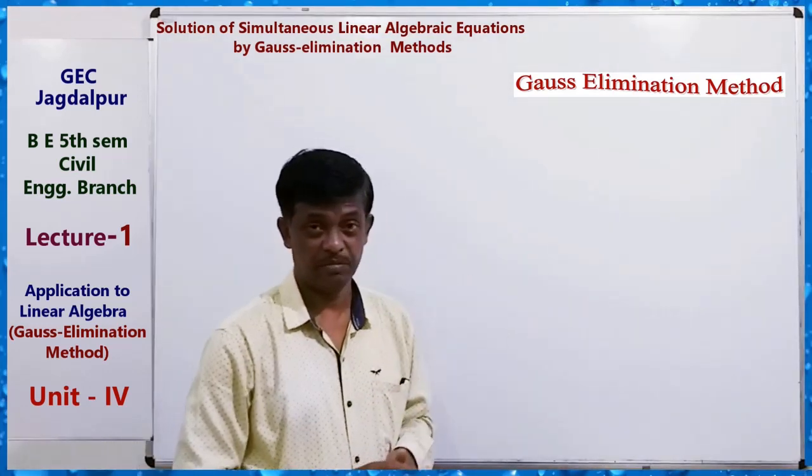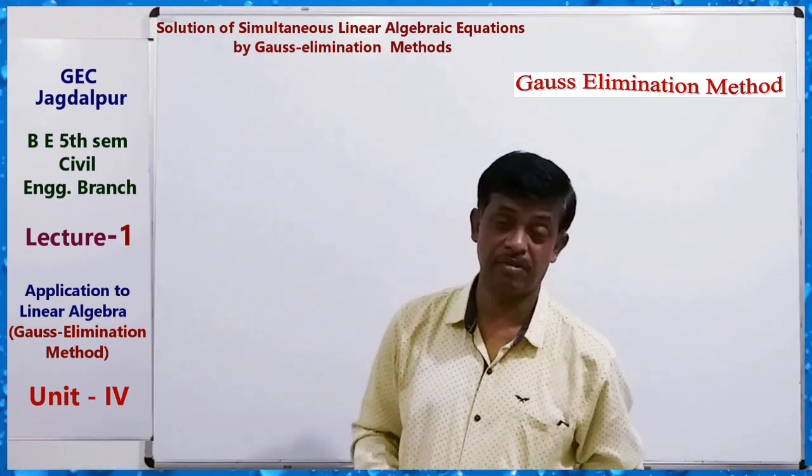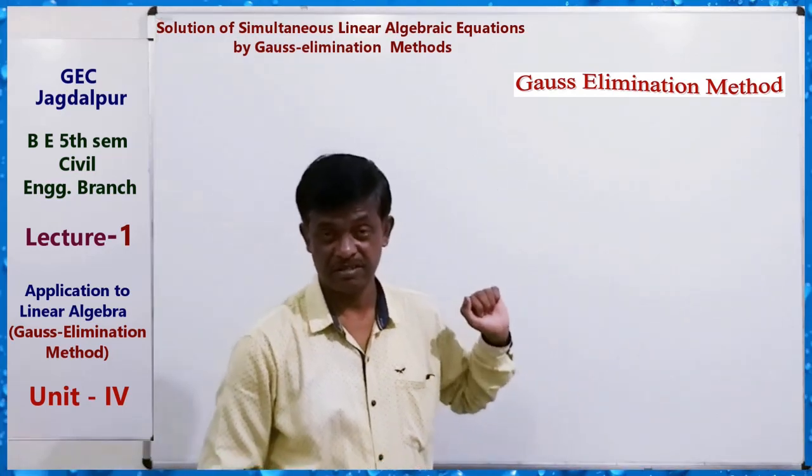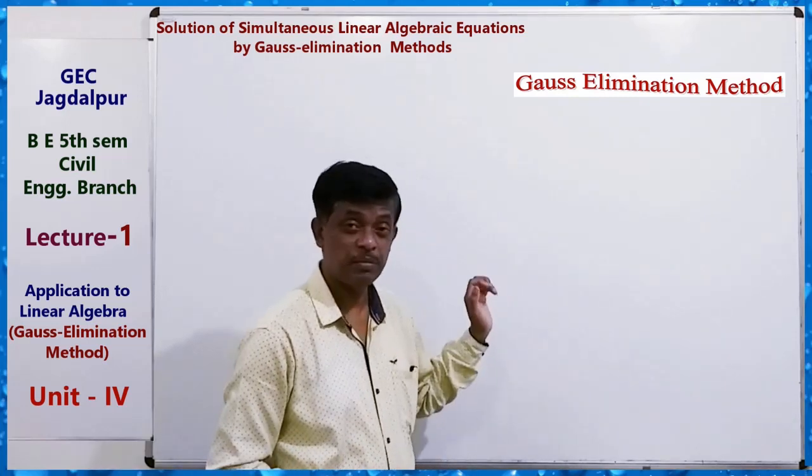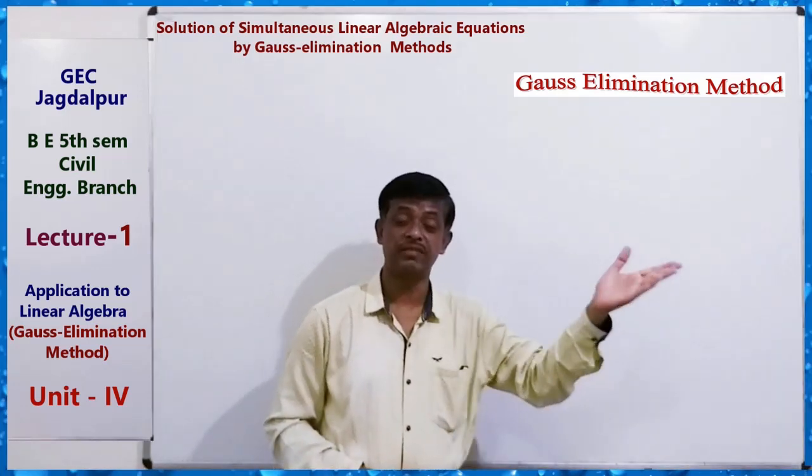This method is important because you have to write a program for it, as the number of unknowns may be 4, 5, 6, 7, 8.